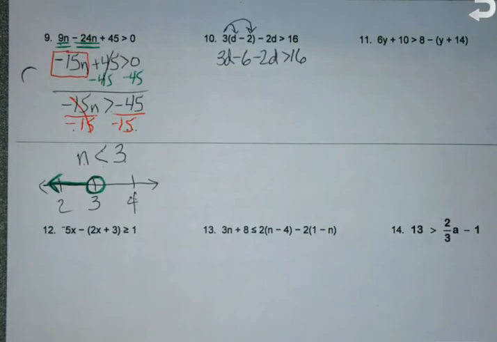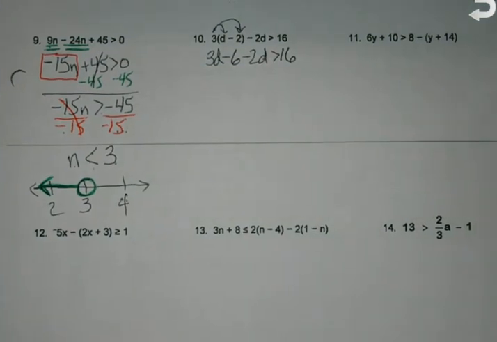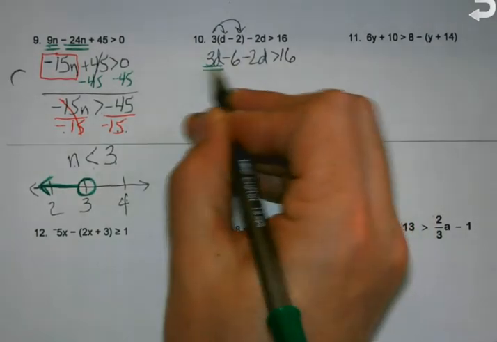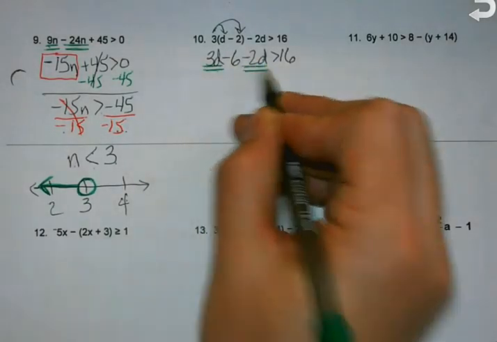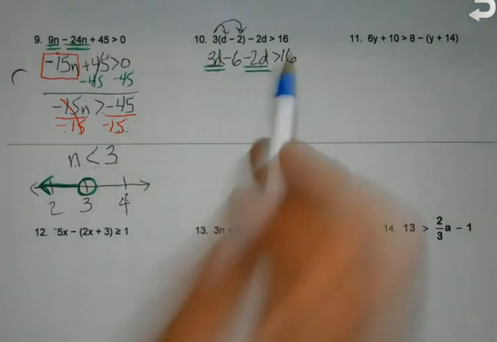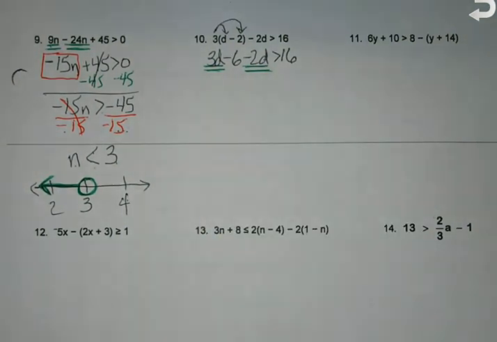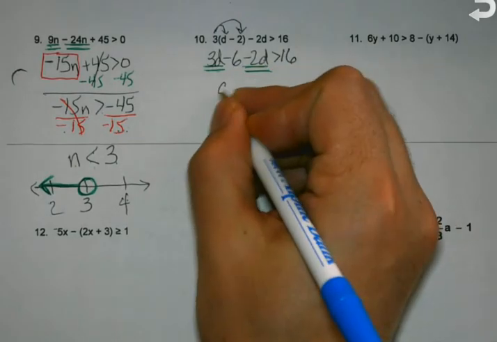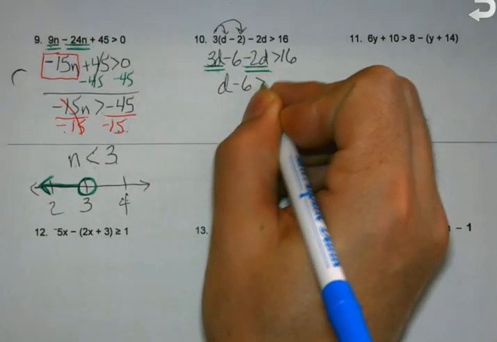Just going to be patient with this. So we're in a situation similar to 9. Because now I have more than one d term, more than one variable term, on the same side of equals. So if I have 3 and then I lose 2 of them, how many have I got left? Just 1. I got 1d. You can put the 1 with the d if you want to.